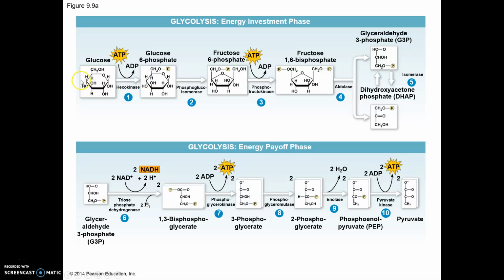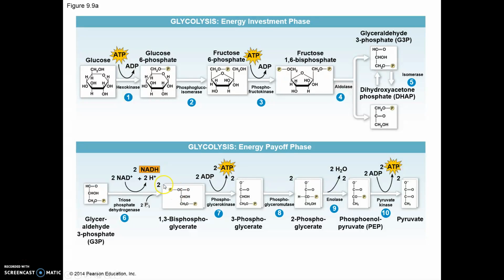So the energy investment phase, we take glucose, we add phosphate onto it, we rearrange it to make it look symmetrical, we add another phosphate to make it even more symmetrical, then we split it into two. When we do that, we'll take the DHAP and convert this into G3P. We now have two of these molecules moving into the next phase, where we can harvest a couple of electrons, producing an unstable compound.